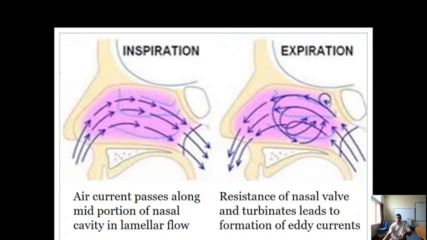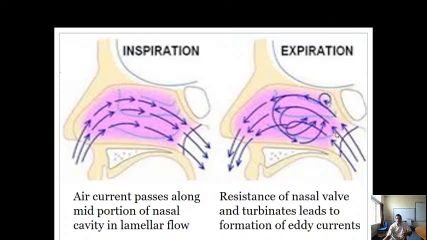This is the expiratory phase. Now in the expiratory phase, the air that is coming into the nasal cavity meets these turbinates, which are little projections coming into the nasal cavity.